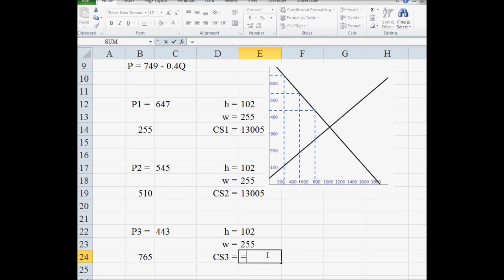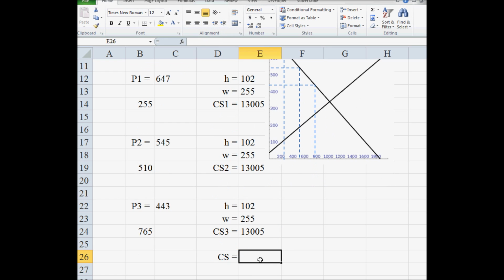And the consumer surplus is the height times the width divided by 2. Overall consumer surplus is the sum of the three. So consumer surplus is 39,015.